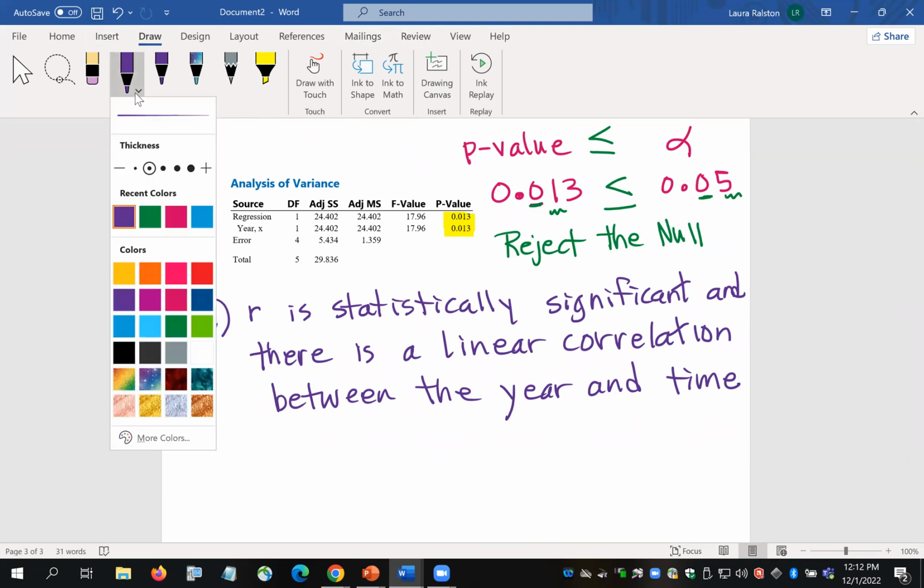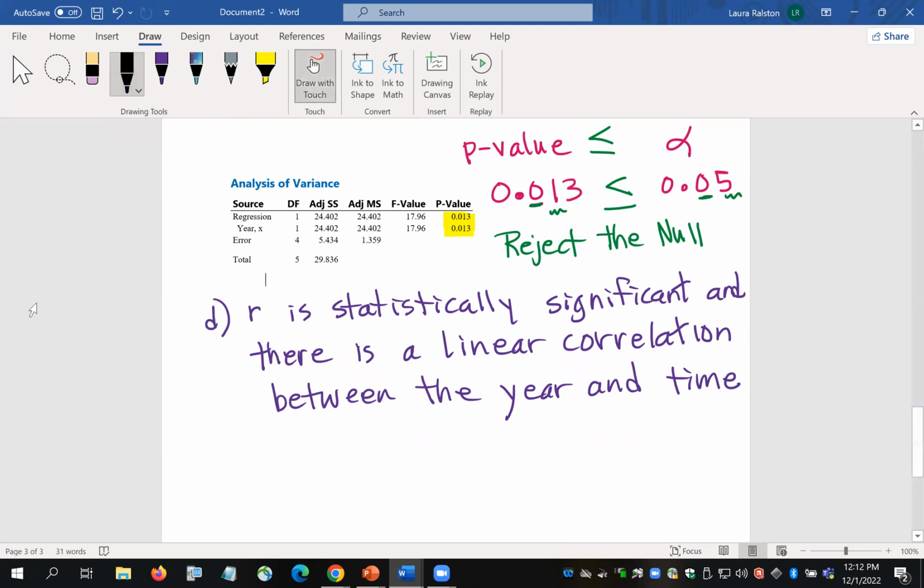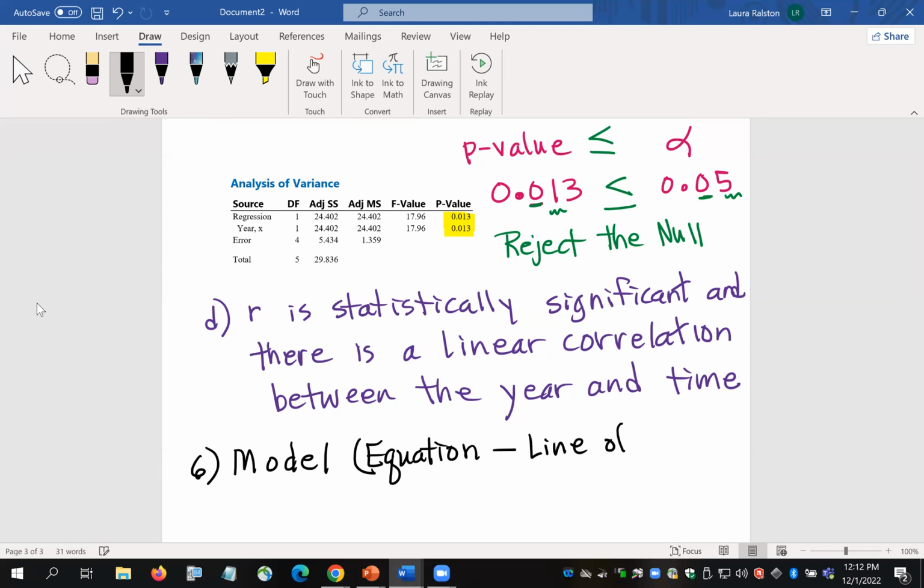Okay, so at that point, I now know beyond a shadow of a doubt that I have a linear relationship. So once I have proven that I have a linear relationship, the next step, which I think I'm on number 6, is to create the model or the equation that fits that relationship. It's often called line of best fit.